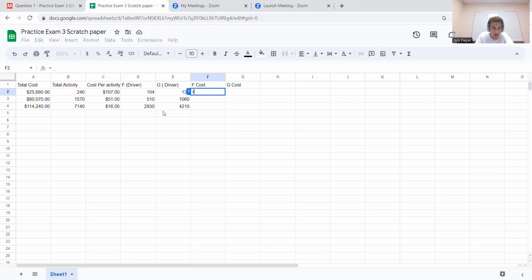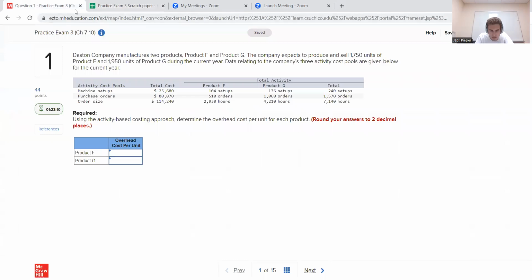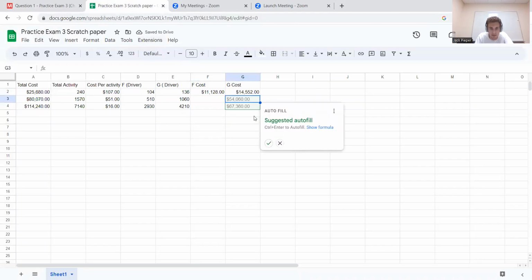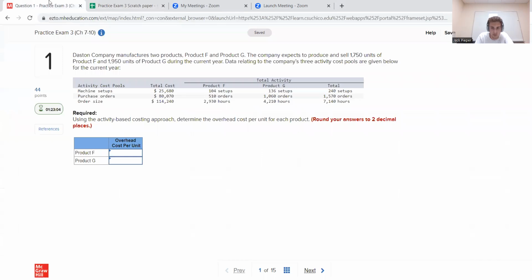Okay. So now that we have our cost per activity and the drivers, we can do this. We can do equals, the cost per activity times the amount of hours for F. All right. And then we'll do the same for G. So we'll do the cost per activity times the amount of setups. So these are both times the respective amount of setups for each. And then we'll do the same here, and this was for orders.